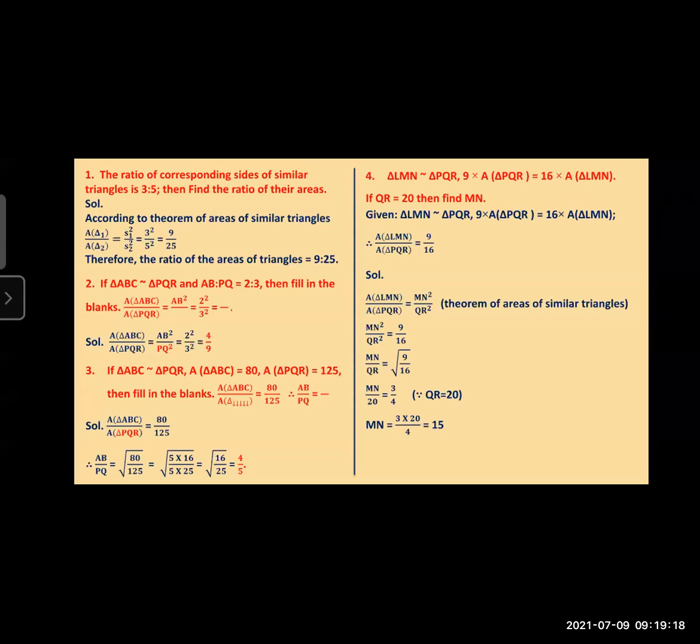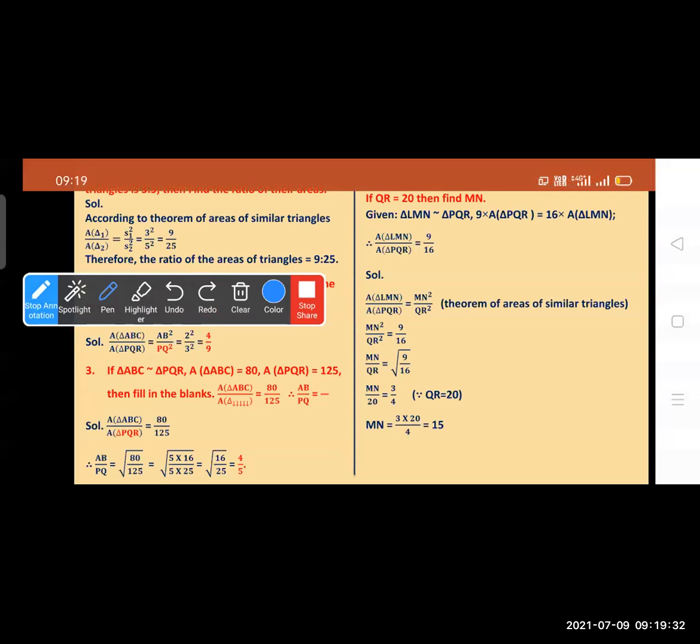So here triangle LMN is similar to triangle PQR. That is the first condition. Second, they give 9 into area of triangle PQR is equal to 16 into area of triangle LMN. So from this, we write the area of triangle LMN by the area of triangle PQR is equal to, we take 16 here, so 9 by 16. This is the given condition.